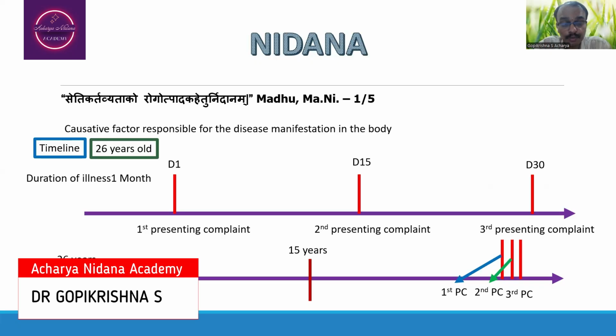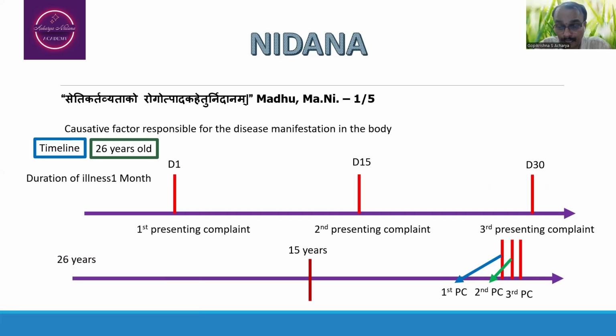So when you think about the whole timeline of 26 years, this is the clinical presentation timeline. When you think about the whole 1 month as such, the timeline is much more increased. But if you think about the timeline of 26 years, the timeline of these three presenting complaints is comparatively smaller.